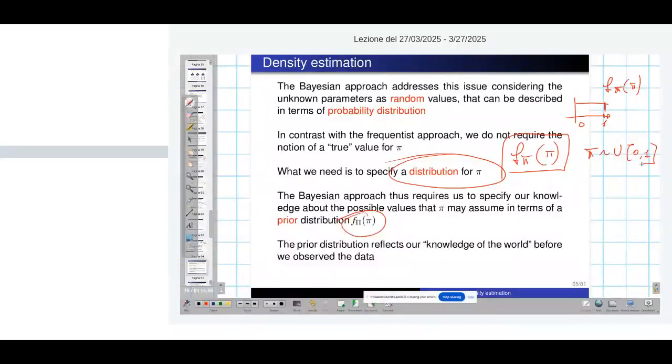So before we observe any data, we don't have any knowledge on pi, so we assume that all the values of pi have the same likelihood. I don't say probability because pi is a continuous random variable, so it's not a probability, but have the same chance to be the correct answer.